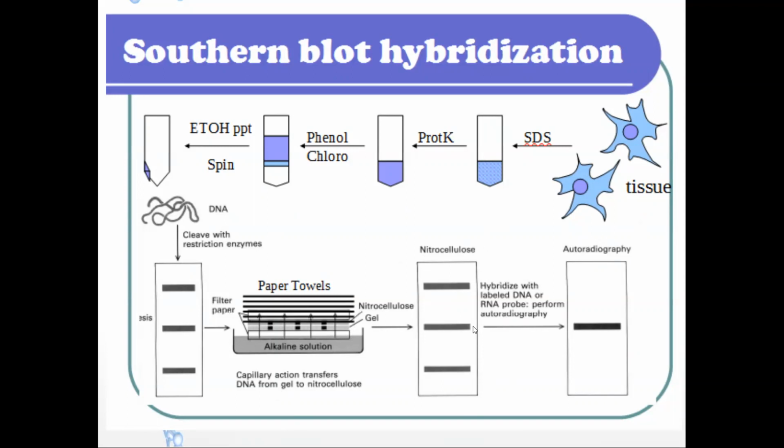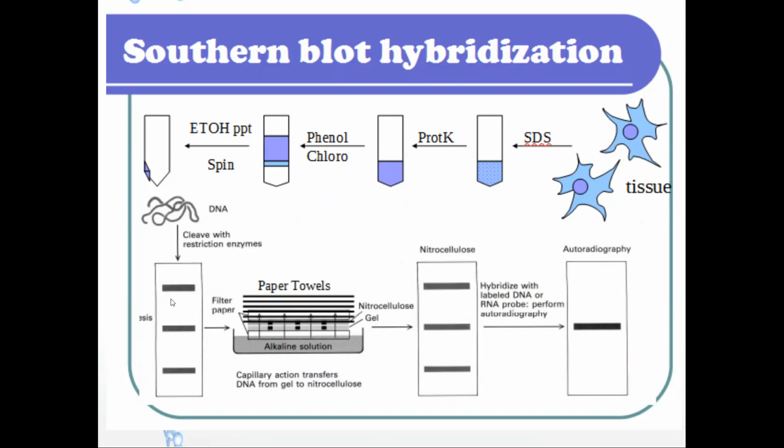Then the nitrocellulose membrane will be submerged in a solution with the labeled probe. The labeled probe will attach to the gene fragments where it is complementary, and then you would be able to see it. This is autoradiography, because before they were using radioactive probes, but now we can have fluorophores instead of radioactive substances. So under a fluorescent light, it will fluoresce.